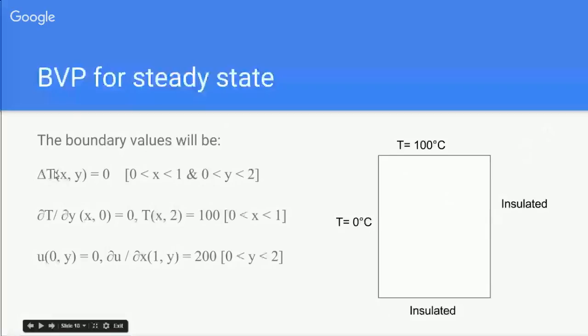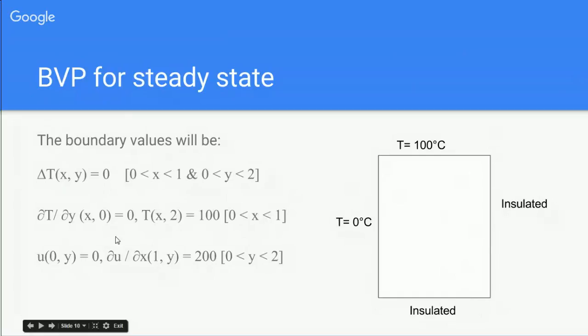As I said, this is conserved and there is no change in temperature. The total delta T will be 0. It will be contained within this section. And if there is a delta T value, that means there is heat getting lost, and that heat is some form of work. So delta T is across the boundaries, with x lying between 0 to 1 and y lying between 0 to 2.